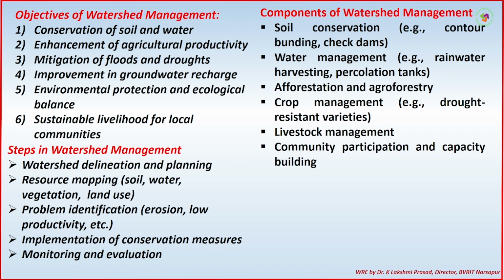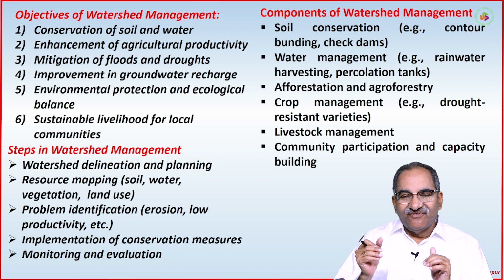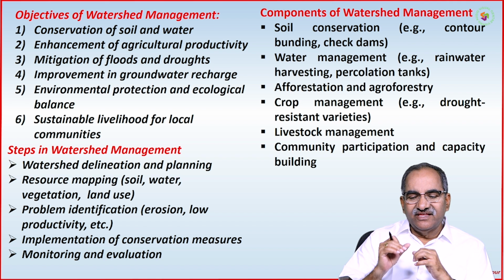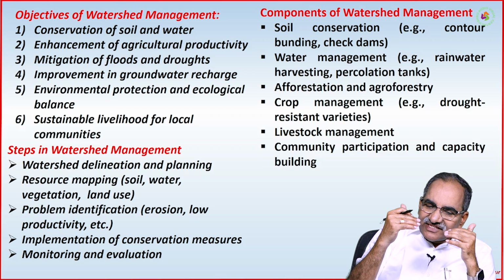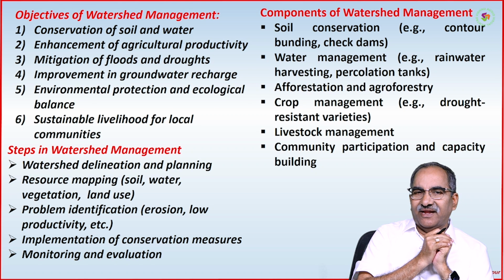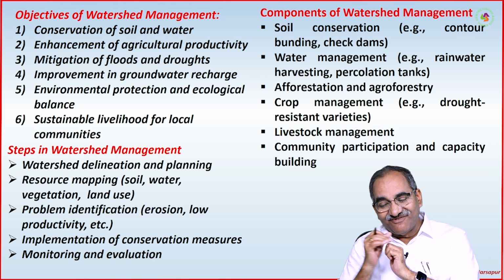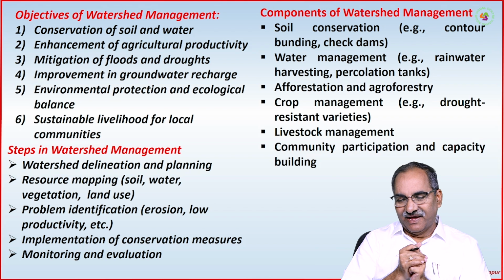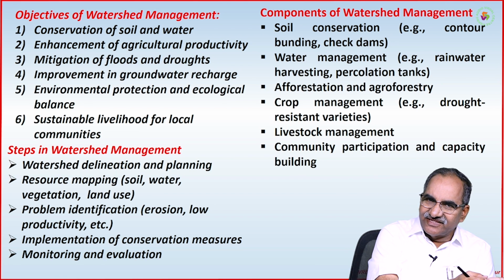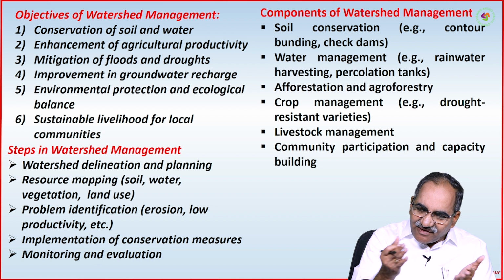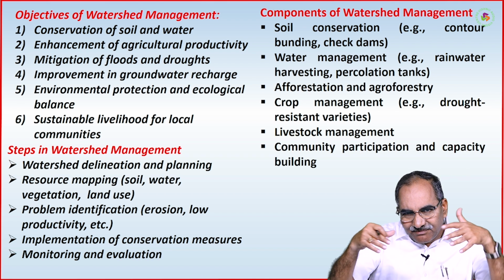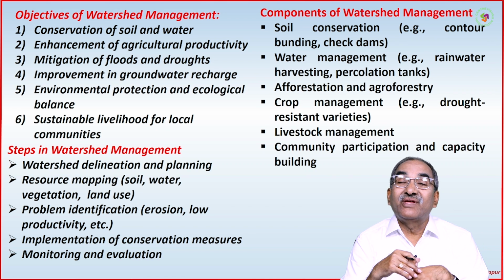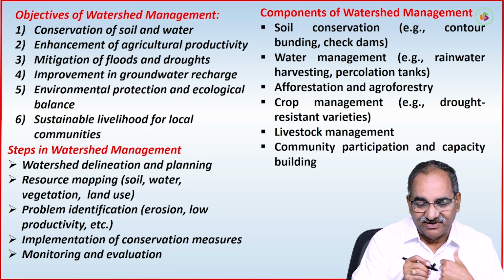The same thing I explained in different ways so that you can understand very easily: the objectives of watershed management, the steps, and the components. Whatever I just discussed in the previous slide, I explain in a different, more elaborated way here.